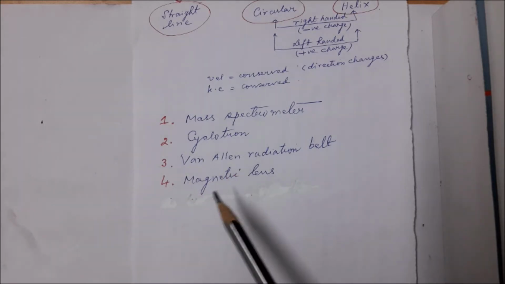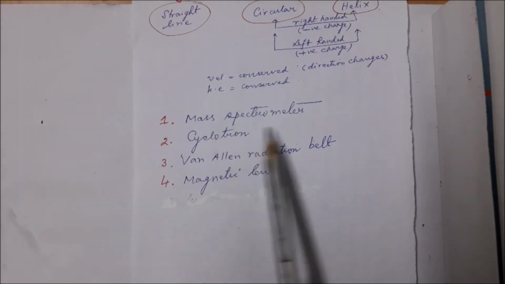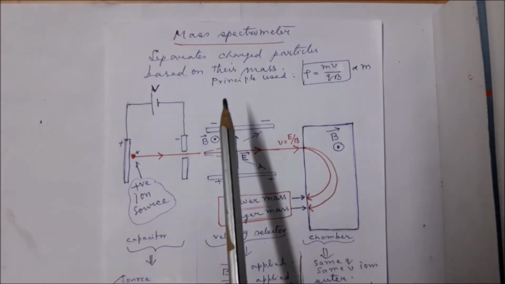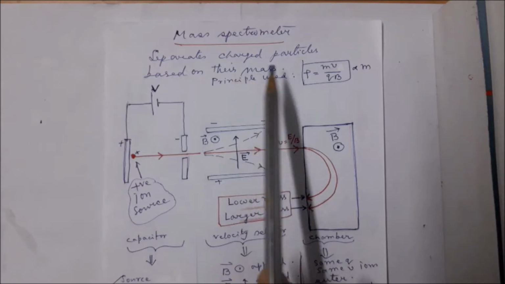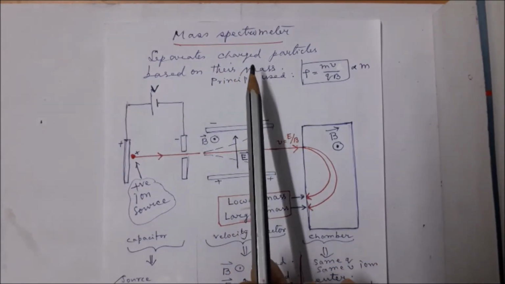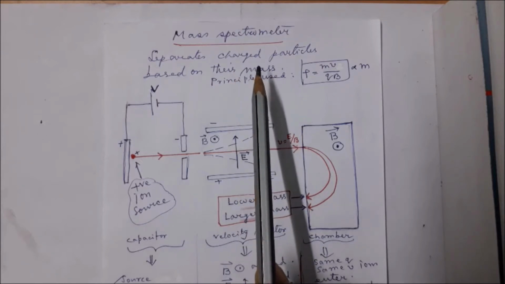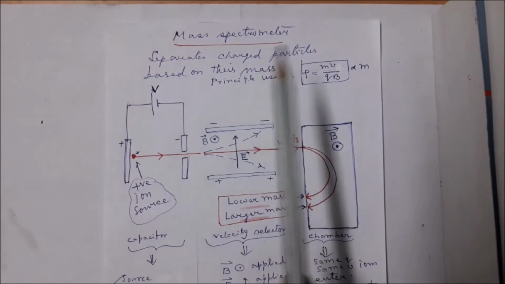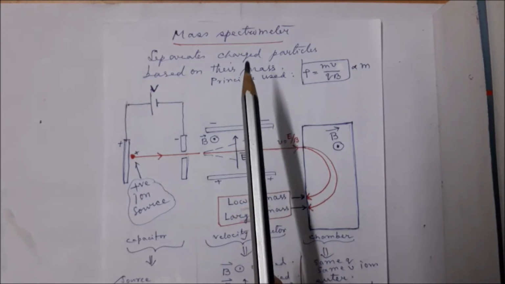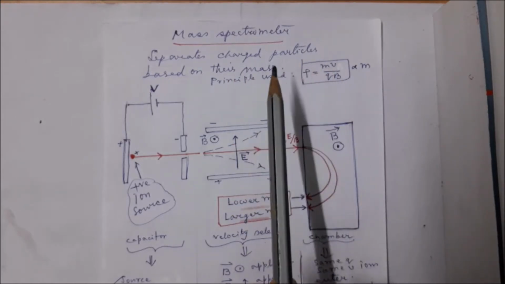Let us first come to the mass spectrometer. Now, what is a mass spectrometer? Or let us first mention what is a spectrometer. A spectrometer is an instrument that is used to separate various components, or we can put it this way, it is generally used to split and measure various wavelengths.